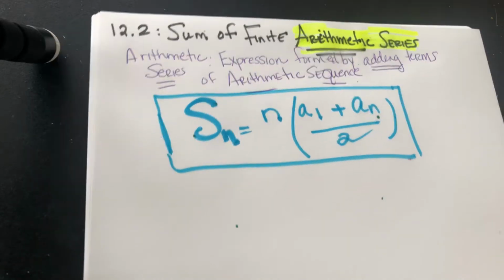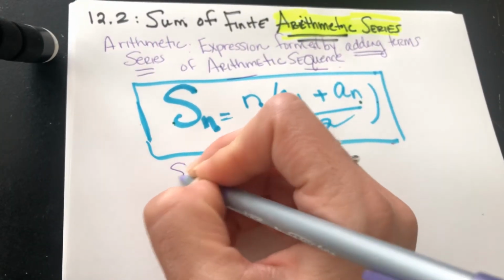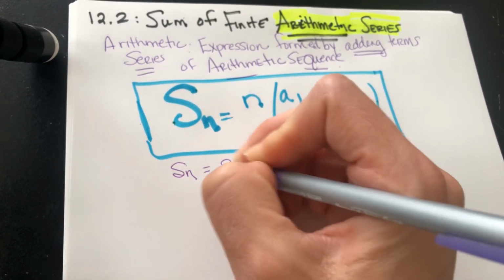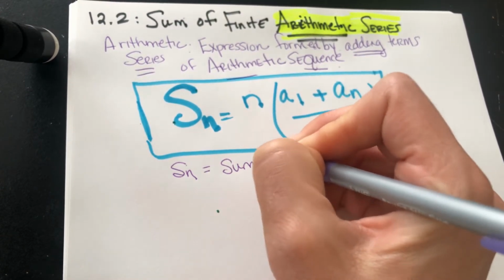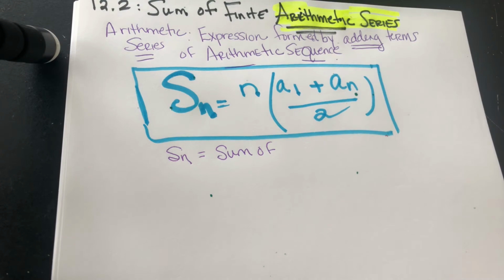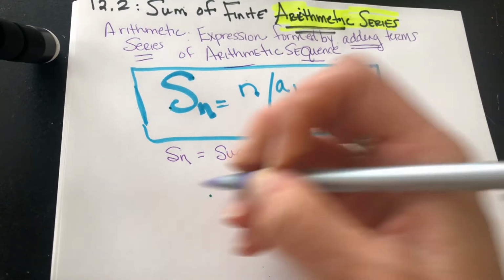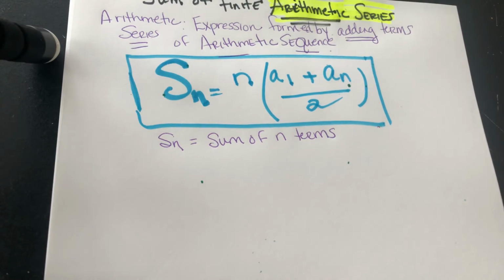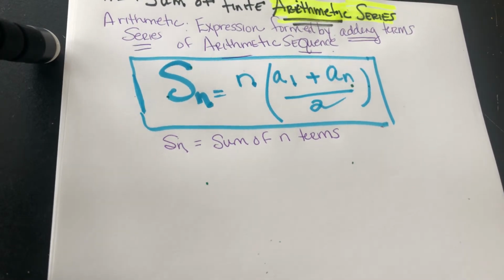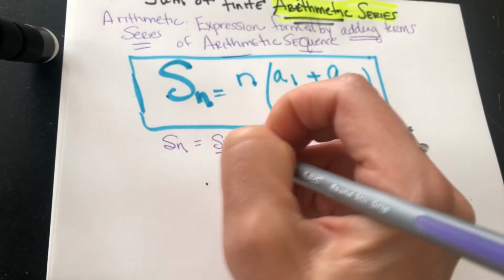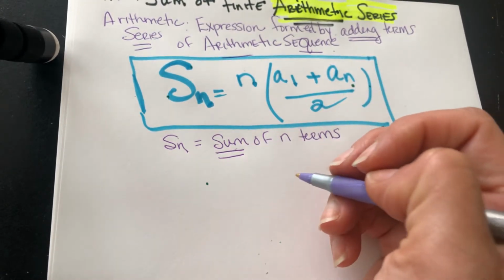Okay, so let's talk about what each of these letters mean. So S of n means the sum of n terms. Right, S of n, so if I want S of 20, it means, hey, what's the sum of the first 20 terms? So this is going to be the sum. Usually we're going to be finding that.